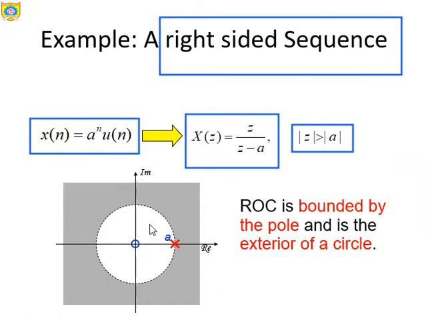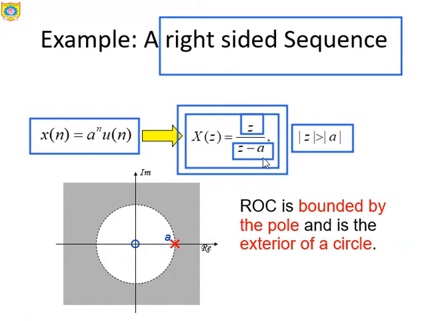If it is a right sided sequence, let's plot the poles for this. We have X of z, where in the numerator the polynomial has degree 1, and similarly in the denominator there is one polynomial with degree 1.